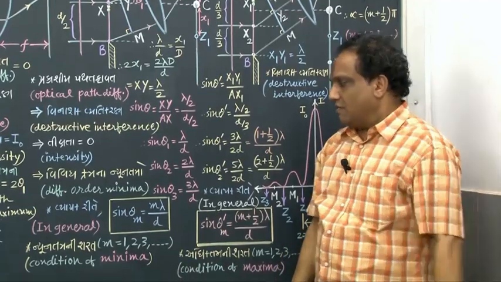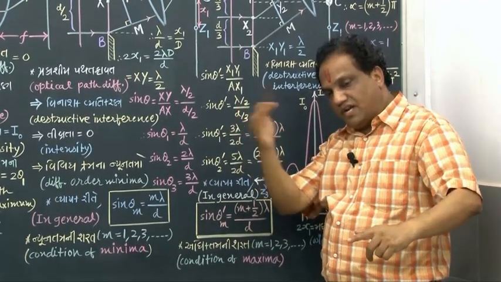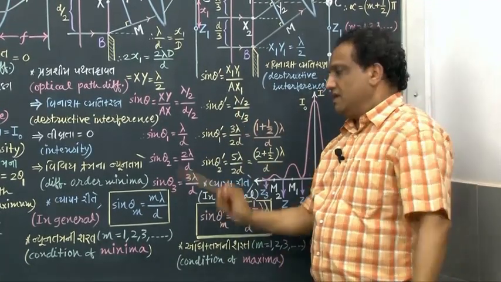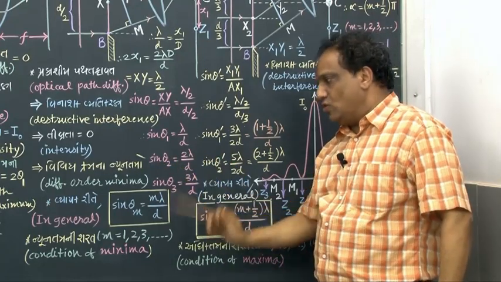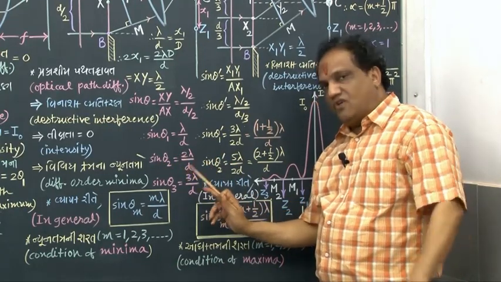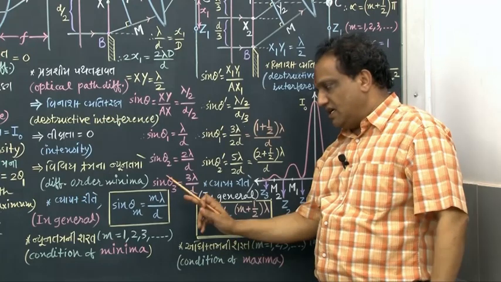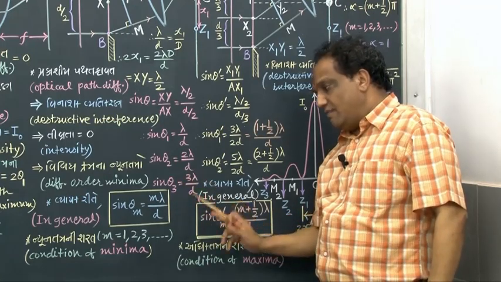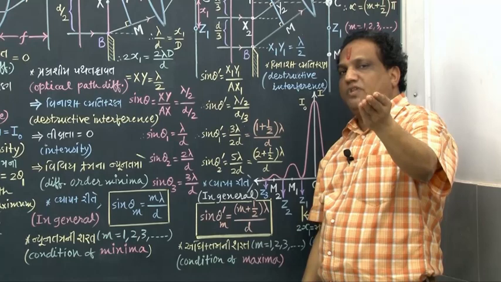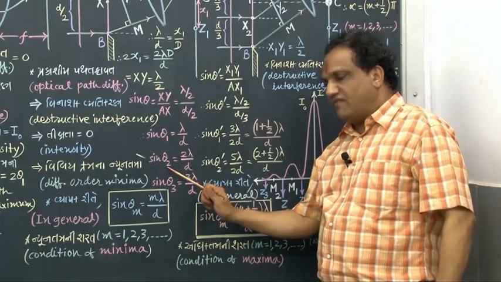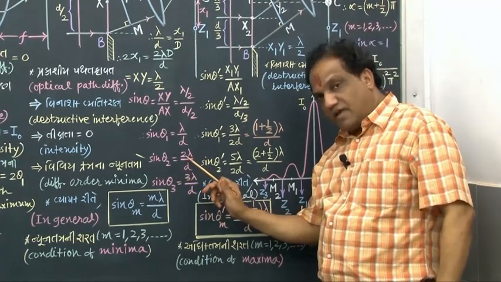Similarly, if you obtain the condition for second order minimum, it is sin theta 2 equals 2 lambda upon d. For third order minimum, sin theta 3 will be equal to 3 lambda upon d. In general, whatever is the suffix here, the same is the multiplier here.